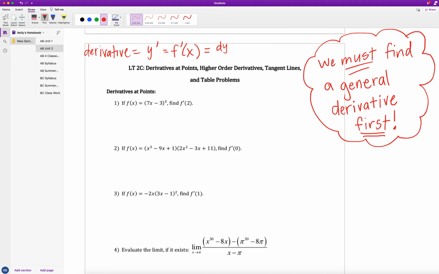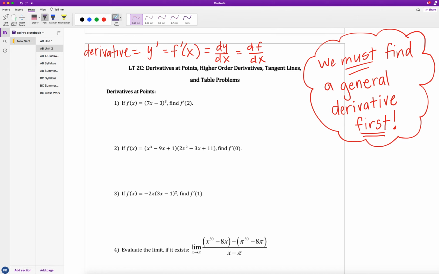Also, we have that operator notation of dy over dx or df over dx also represent a derivative of y with respect to x or derivative of f with respect to x. All four of these notations are interchangeable depending on if you have a function that's y equals or f of x equals, and depending on if you're using the prime notation or the operator notation. Let's look at our first example.